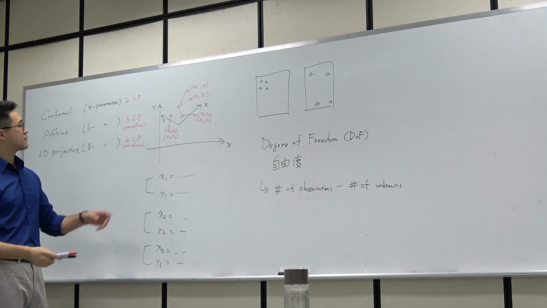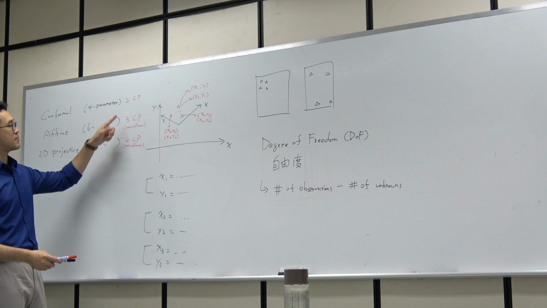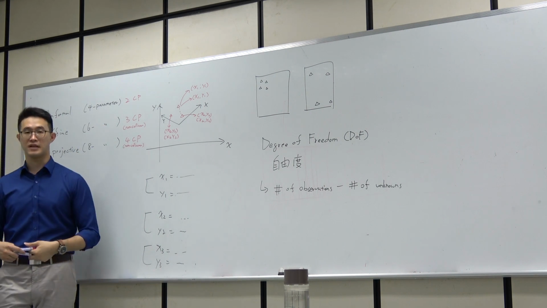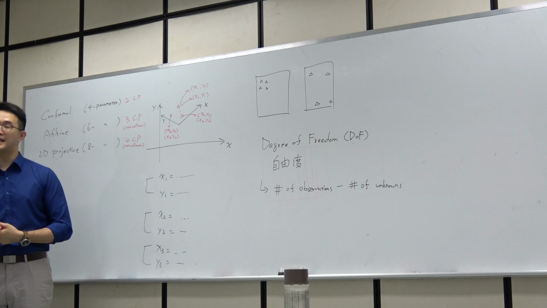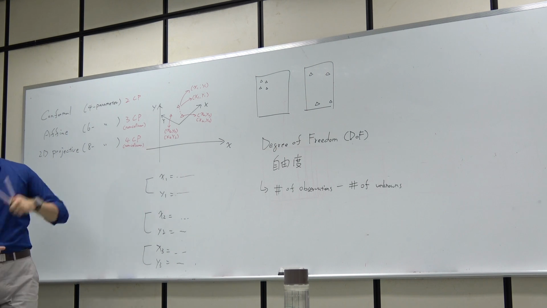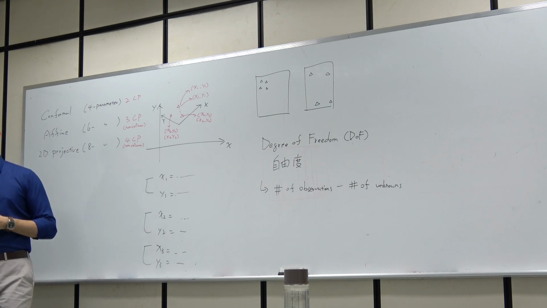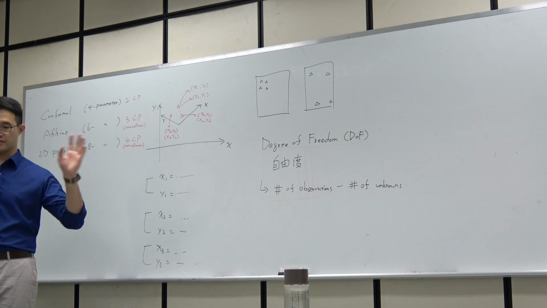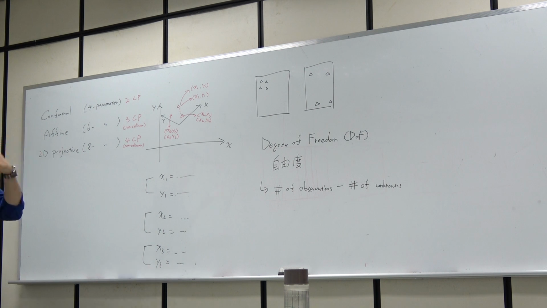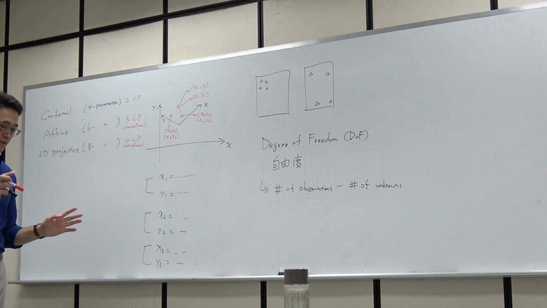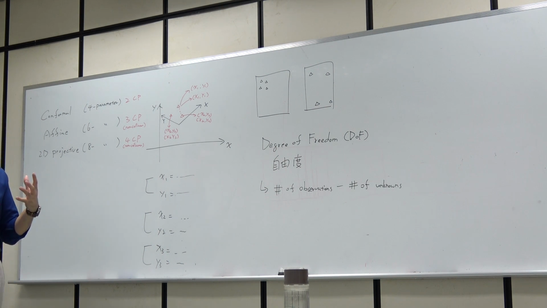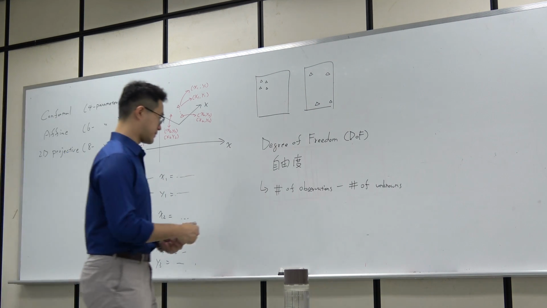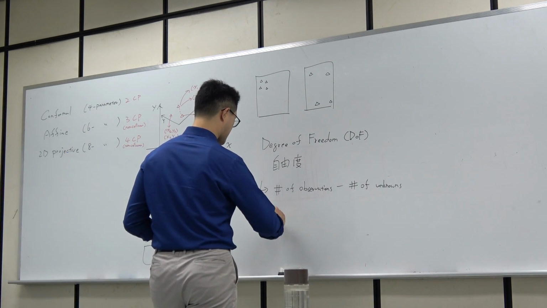So the number of control points is the minimum number that we need to solve the unknowns. But usually in surveying, and photogrammetry is also included in surveying, what we usually are trying to get is more degrees of freedom. More degrees of freedom means more redundancy.